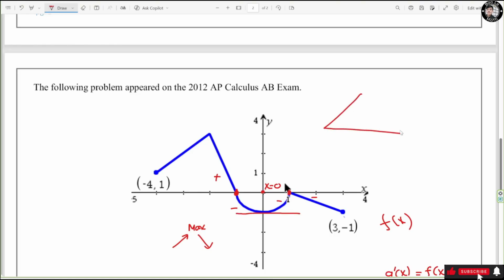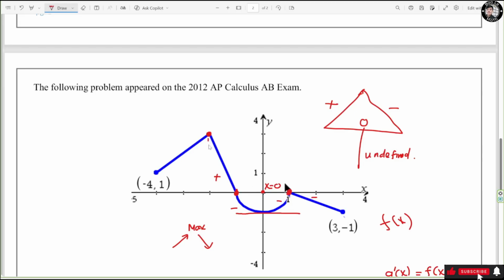At s equals 0, we have the horizontal tangent line. Remember the Christmas tree trick. The line is going up, the slope is positive. Line is going down, slope is negative. Line is horizontal, the slope is 0. Line is vertical, the slope is undefined. Now we have other two values where the function f is not differentiable. It's going to be the sharp turn right here, this guy and this guy right here.